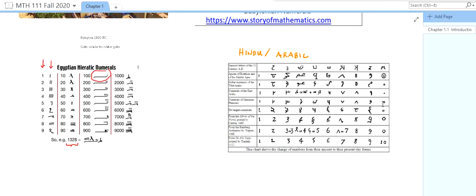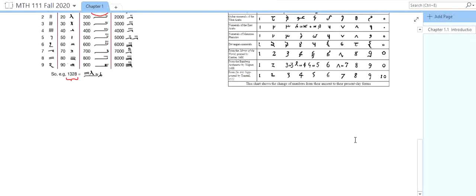So this was a placeholder at 10, and it didn't look like the 0 initially, but eventually it became 0, and finally, by around 1522, the Arabic numbers look like we are familiar with right now. And this number set, 1, 2, 3, 4, 5, 6, 7, 8, 9, we call these whole numbers.